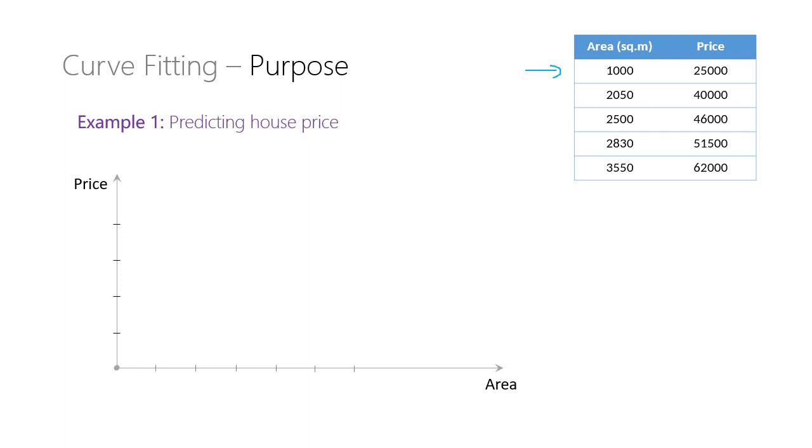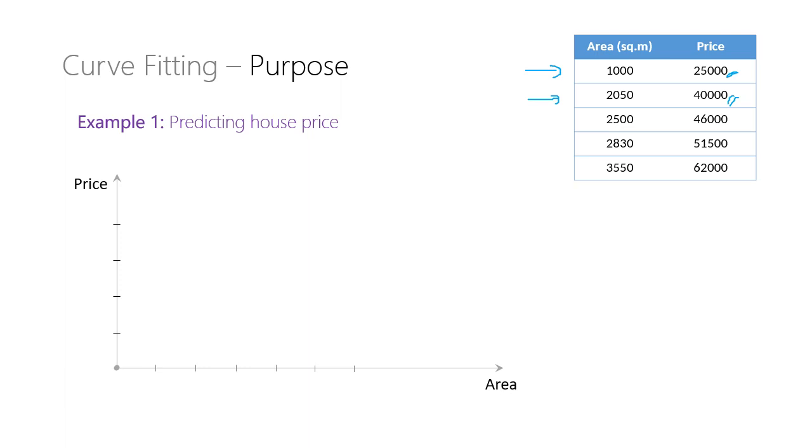For a house whose area is 1000 square meters was sold at a price of 25,000. Similarly, another house whose total floor area was 2050 was sold at a price of 40,000.